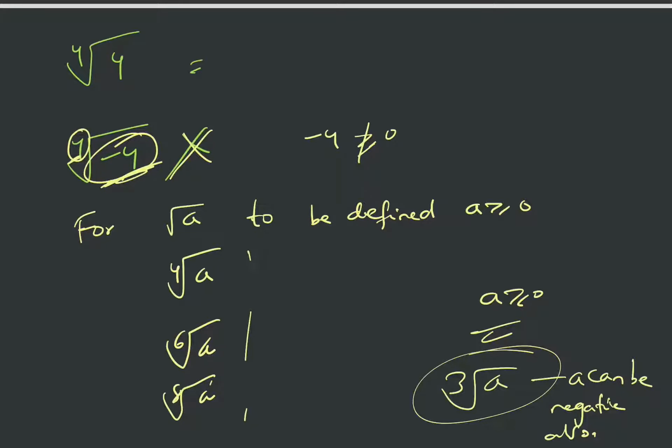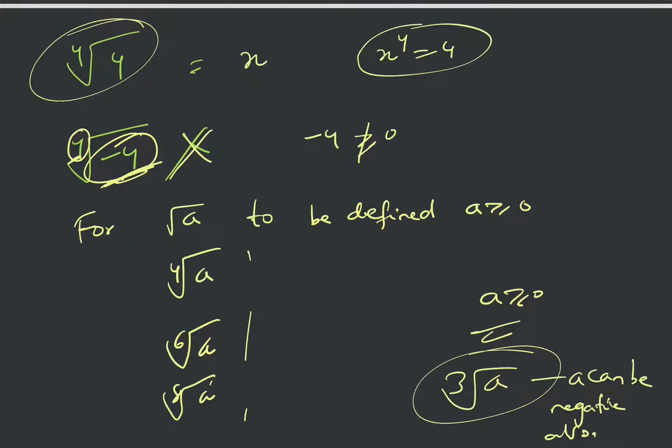Fine. So now let us try to understand what we mean by 4th root of 4. 4th root of 4 means simply that, let us say this is x. So we are asking for a real number x for which x power 4 is equal to 4.